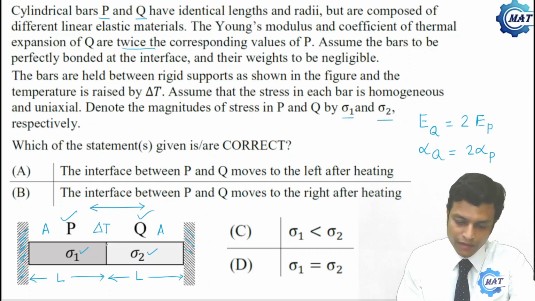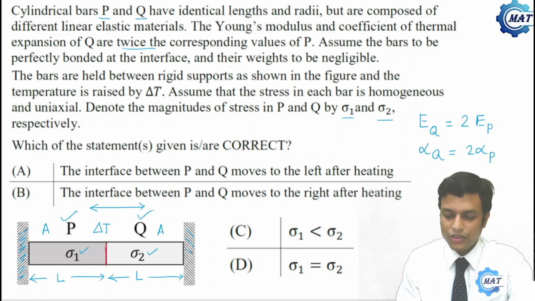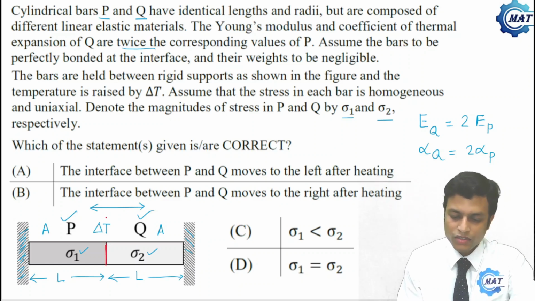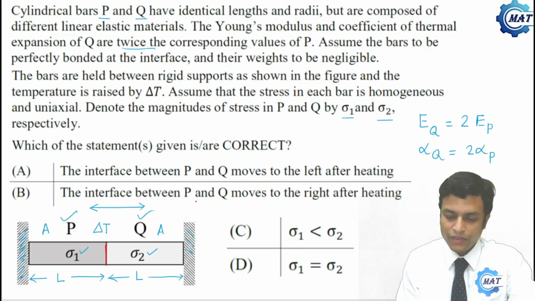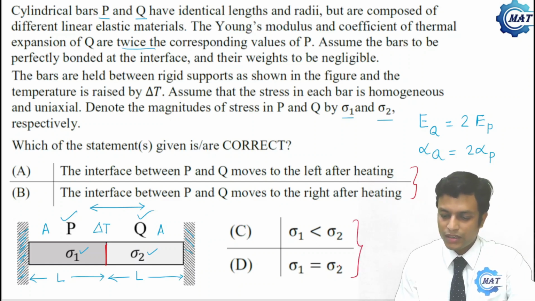So this is the interface. Which direction does it move? First of all, we have to calculate. Option B gives that the interface between P and Q moves to the right. Which one is correct, we have to determine. Another aspect is the stress of P and Q. Two options are given: sigma 1 is less than sigma 2, or sigma 1 equals sigma 2.